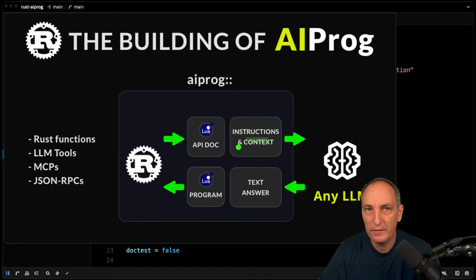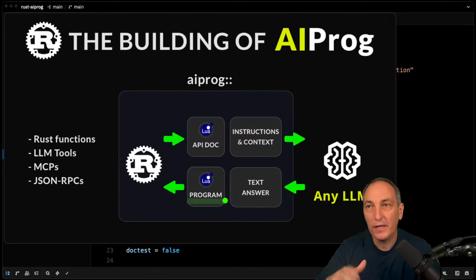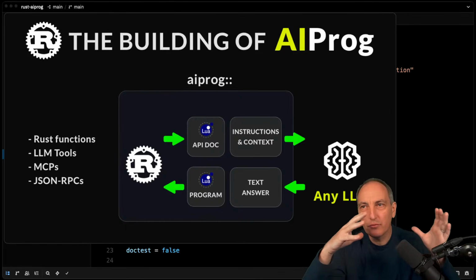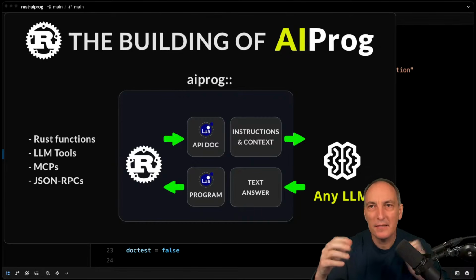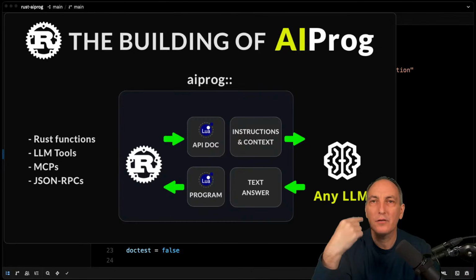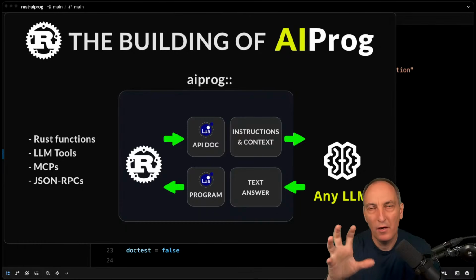Here's the context, here's the instruction. Then the LLM sends back the text answer, whatever they want to answer, and the program, and we can run the program. That is much simpler for the AI. If I want to pipe some result into another one, I can just send a program rather than saying, hey, call these tools, give me the result, and then I will call these other ones. So that is the goal of AIProg.